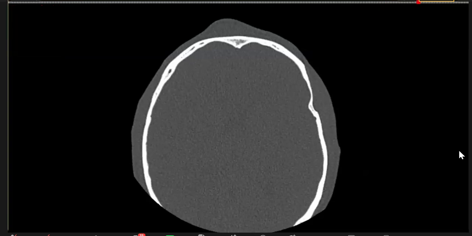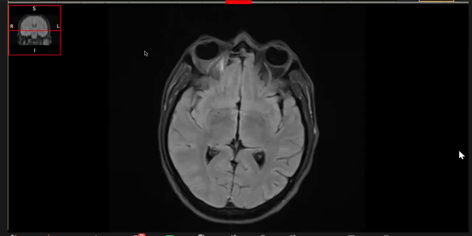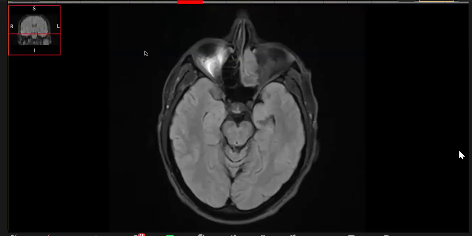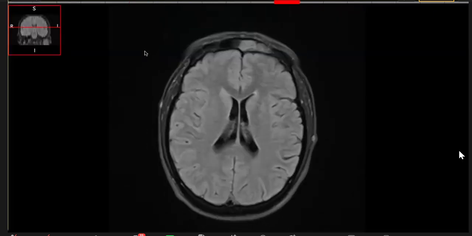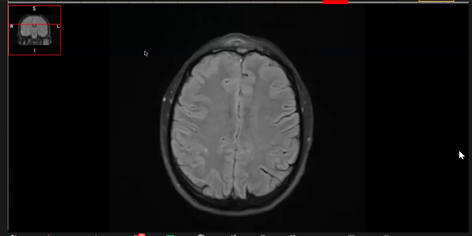Actually, what we did was an MR. Okay, this is the FLAIR sequence, sagittal, axial FLAIR sequence for the same patient.